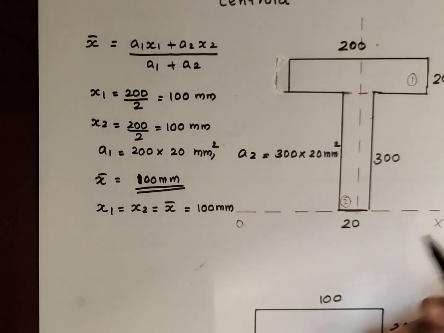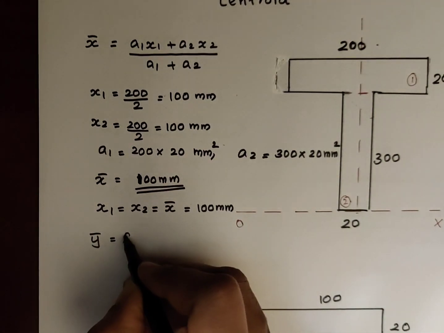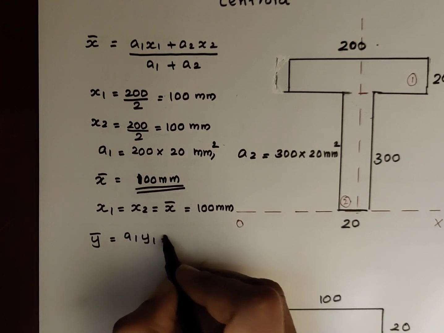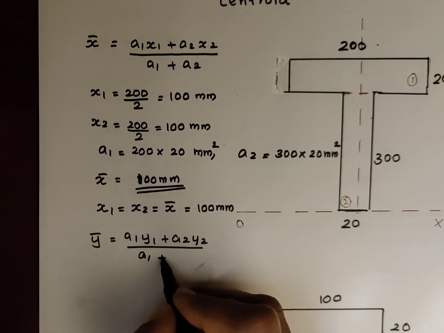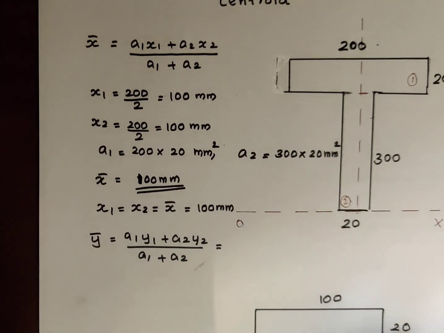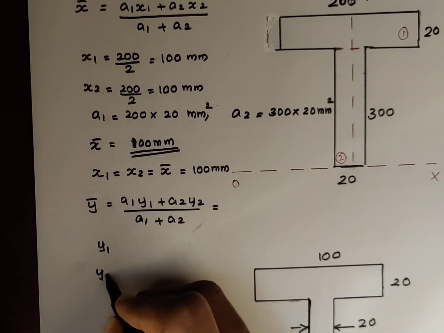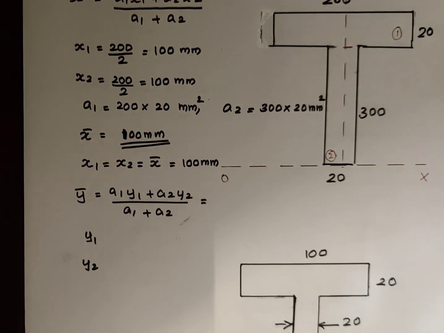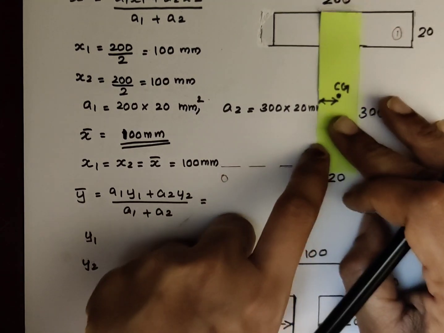So next step is you have to calculate y coordinate, that you have to calculate using this equation: a1 y1 plus a2 y2 divided by a1 plus a2. So here you have to calculate y1 and y2. So now this is the first rectangle.